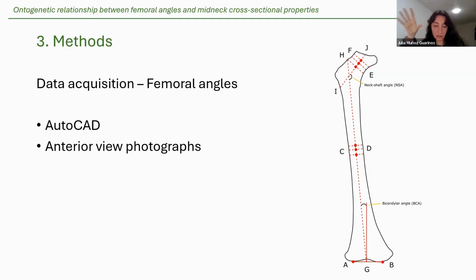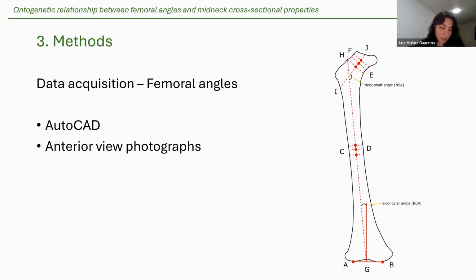The neck shaft angle, on the other hand, is the angle formed between the longitudinal diaphyseal axis and the cervical axis of the neck. Its measurement also utilized anterior view photographs, so we didn't take more photographs in posterior view. The process involves tracing the diaphyseal axis, drawing lines connecting the upper and the lower edges of the femoral neck, calculating 3 midpoints, and drawing a perpendicular line to the proximal metaphyseal surface.